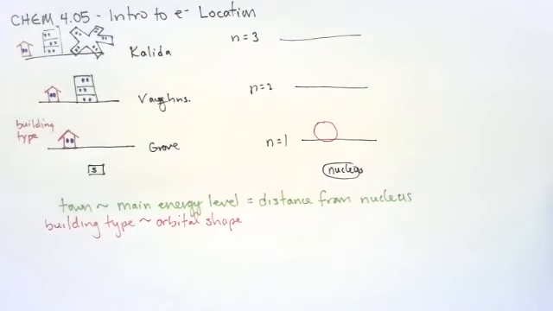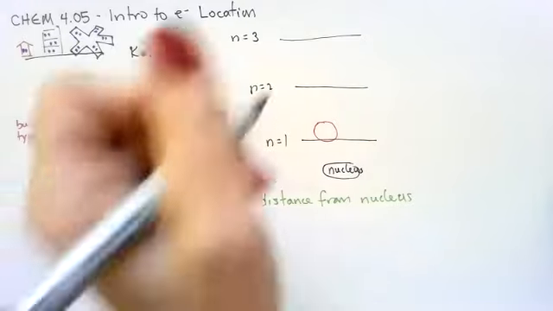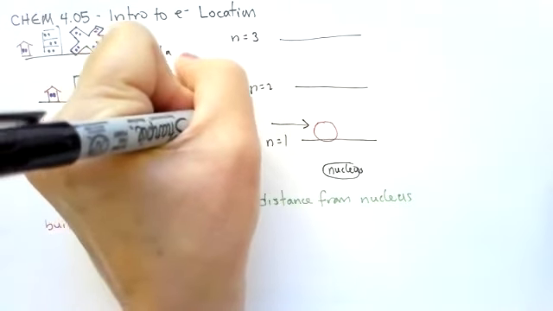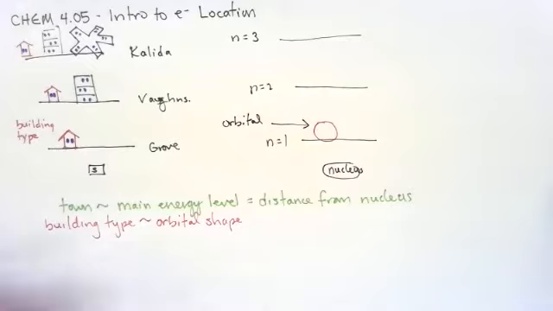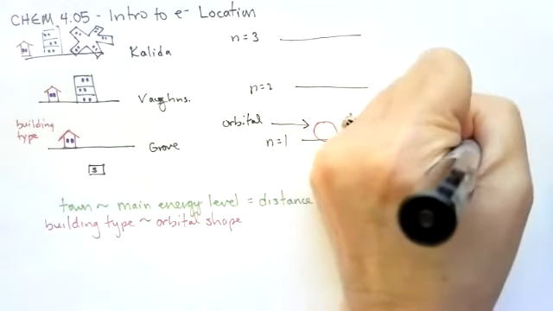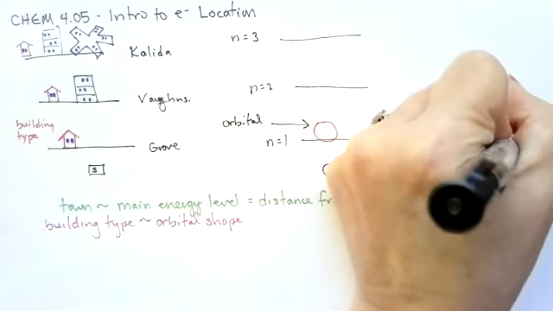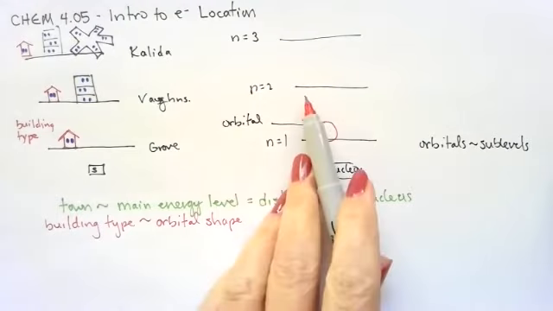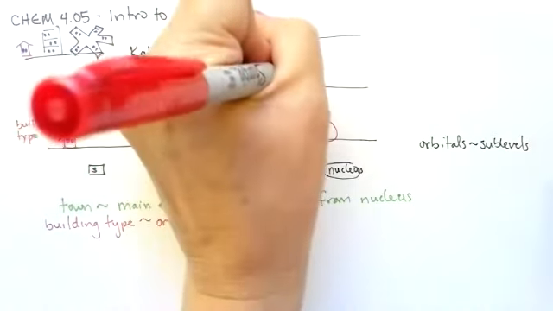Remember that probability map? This is an orbital. And we call the orbitals our sublevels.